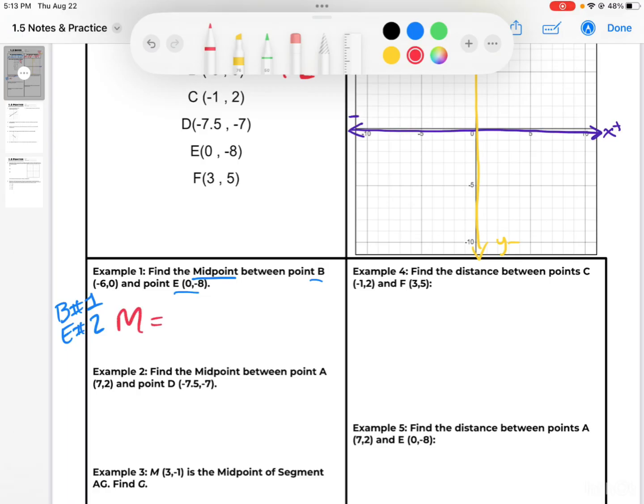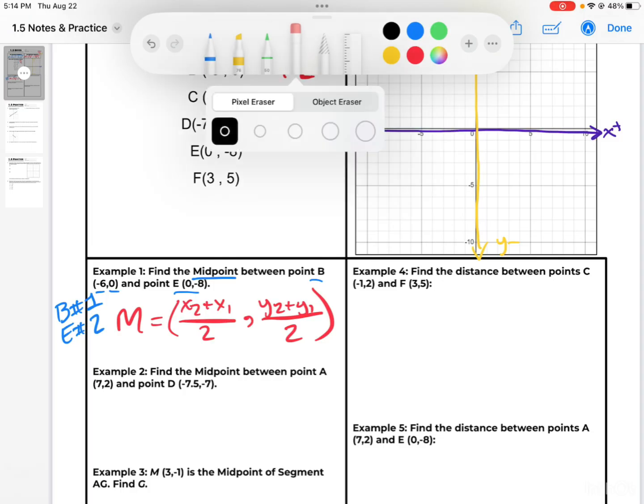My actual formula is M equals, remember, big parentheses, x2 plus x1 over 2, comma, y2 plus y1 over 2, close parentheses. B being my first point has an x and a y. The -6 is the x, and the 0 is the y. That's my first point.